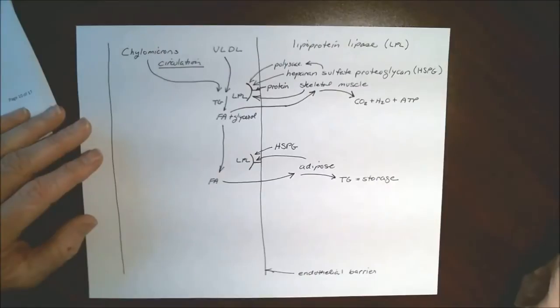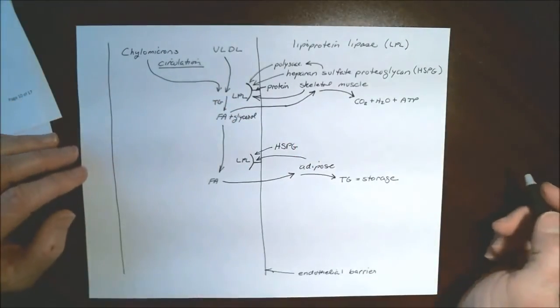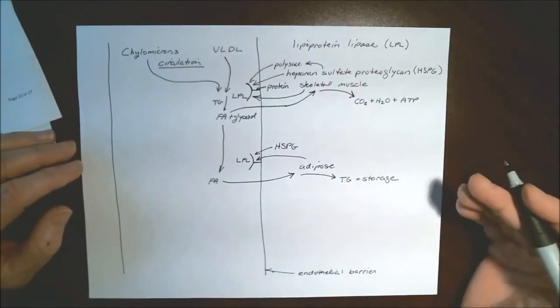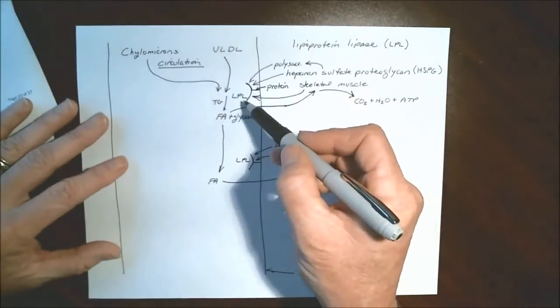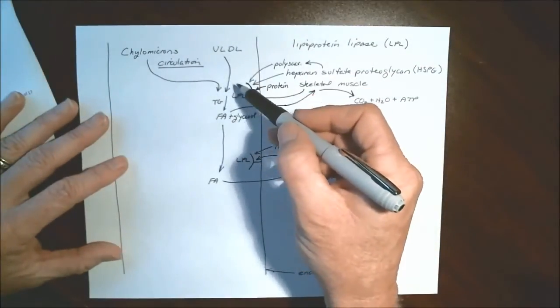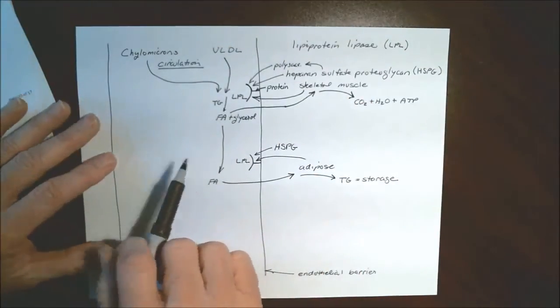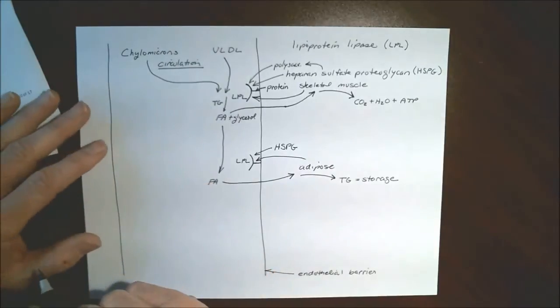Now, recall the density of VLDL. It has a very low density, and that's because it has a very high lipid to protein ratio. As the LPL, the lipase, performs its hydrolytic activity, you will notice we're releasing lipid. So that is going to increase the density of the VLDL.